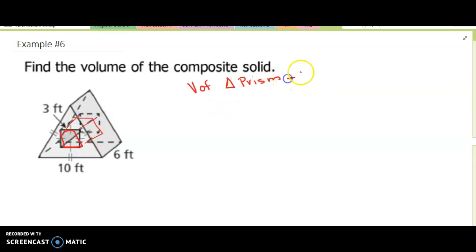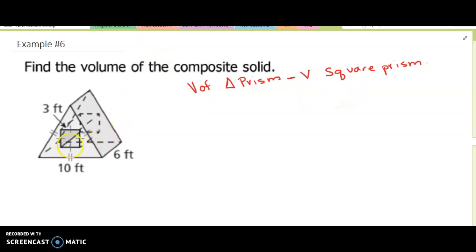So I'm going to do minus the volume of the square prism. Okay, and if I do that, then I would get the volume of this composite solid. All right, so let's first find the volume of this square prism that cuts through it. Okay, and this is the part that we're going to subtract because we're taking it out.